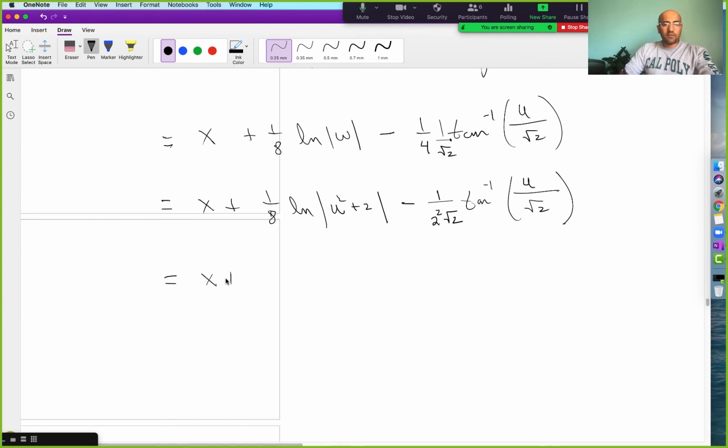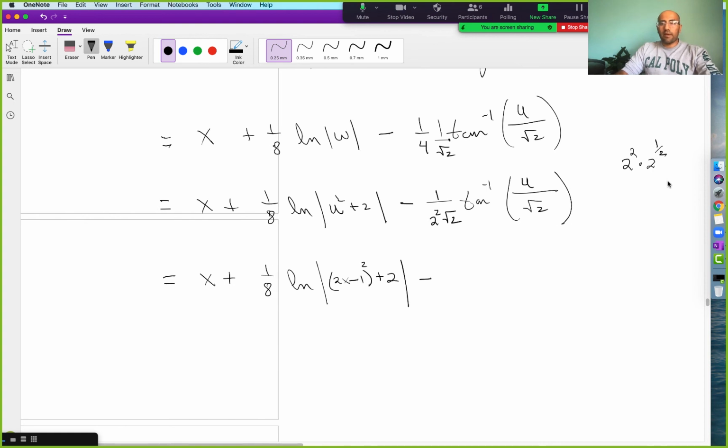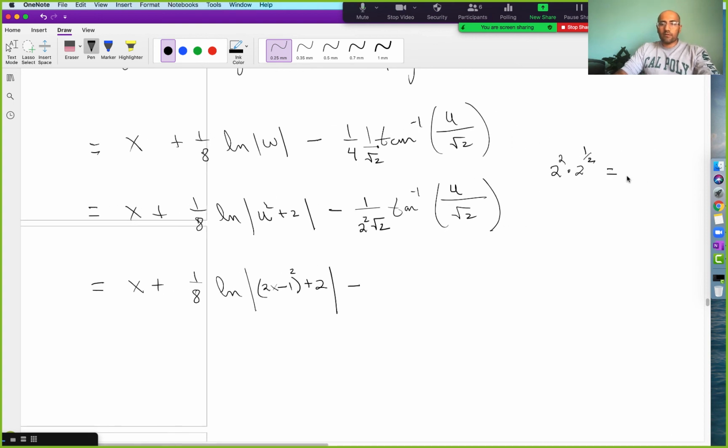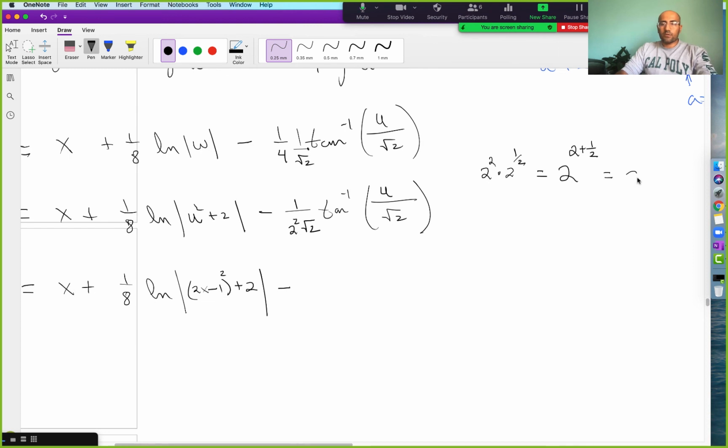So this is going to be x plus 1/8 ln of the absolute value of (2x minus 1) squared plus 2, minus, and now this is 2 squared times 2 to the 1/2, combining like terms, we get 2 to the power of 2 plus 1/2, which is equal to 2 to the 5 over 2.